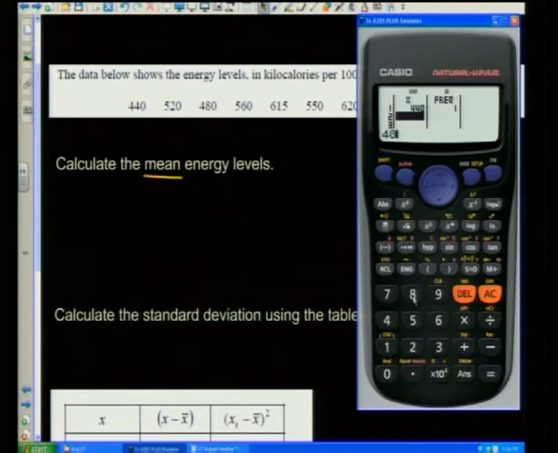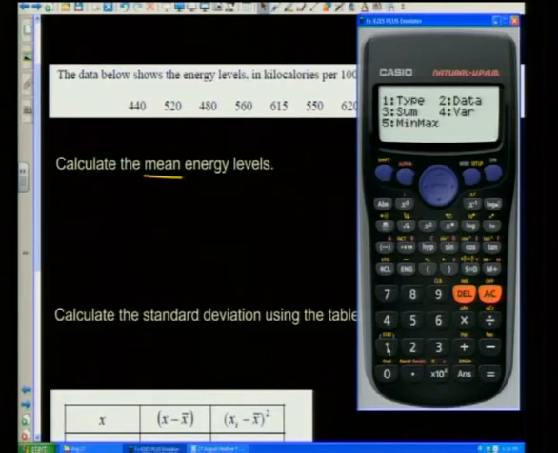Okay, 480. 490. 520. 545. 550. 560. 615. 620 and 680. Okay, and notice that the frequency each time was 1.